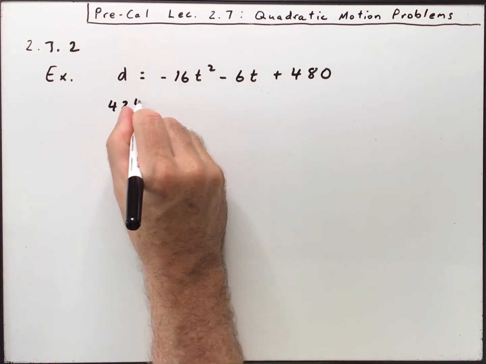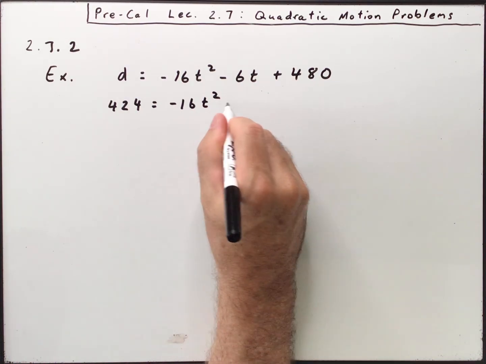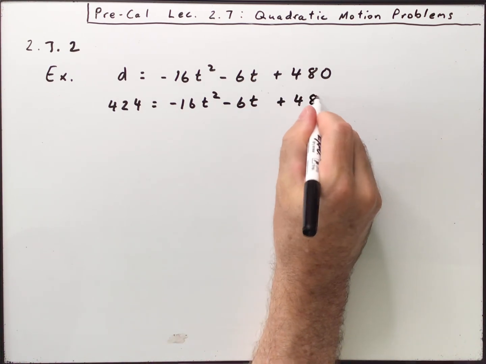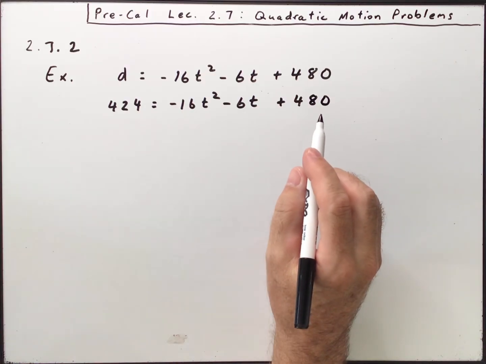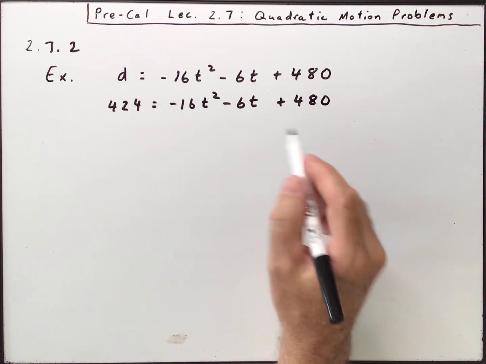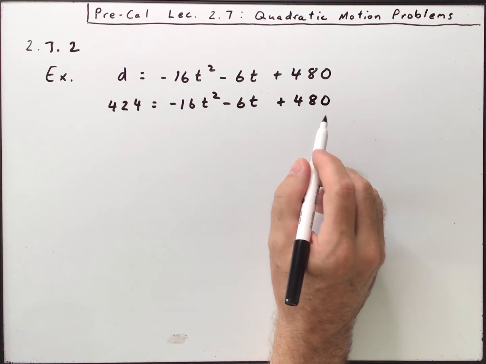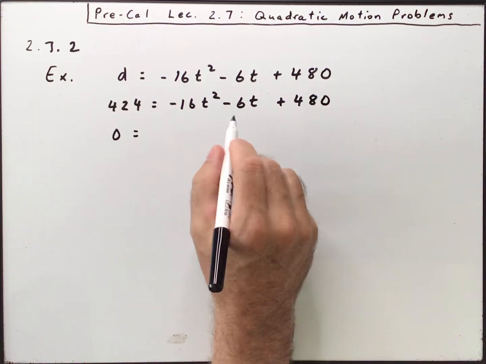So we have 424 is equal to negative 16t squared minus 6t plus 480. All right, and now we're just going to set that equal to 0. I can tell you now this doesn't factor, so we're going to end up using the quadratic formula.